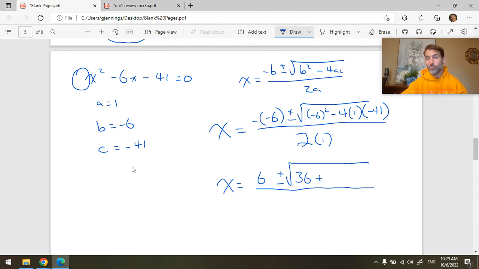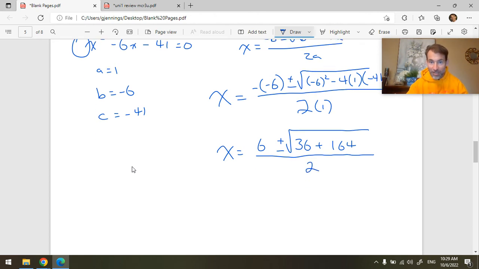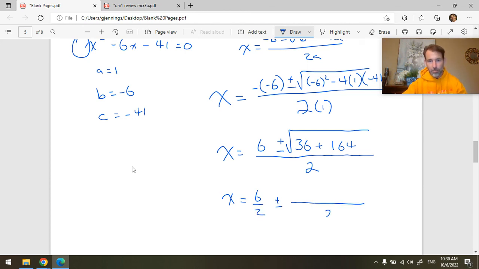Plus, what's 4 times 41? 164, divided by 2. Okay? So now, I haven't made any mistakes. Good. X is equal to 6 over 2 plus or minus. Yes, I can split that denominator up and write it twice. No problem. It's going to help me avoid errors.